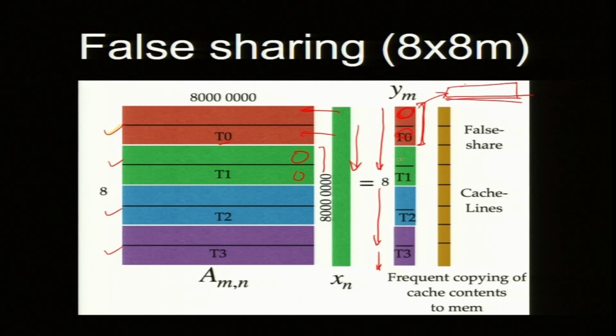P1 is also changing these, but before changing, memory has old values. Let us say P0 will write the old values and new values in RAM. But then P1 says, well, this cache line, I need to update.